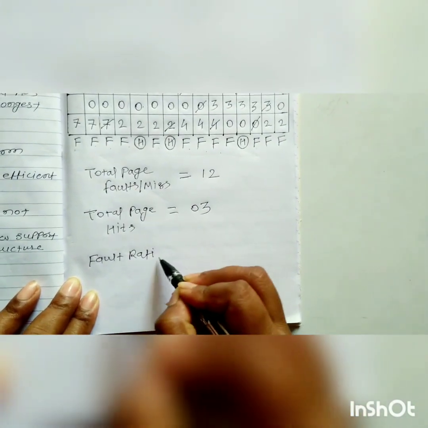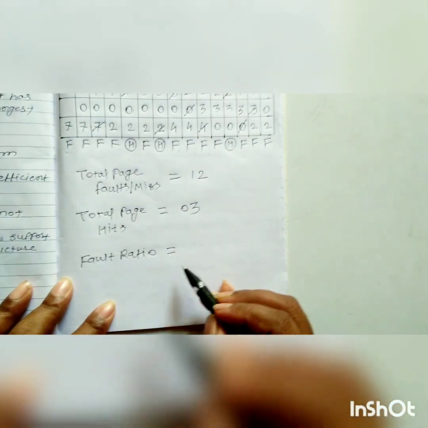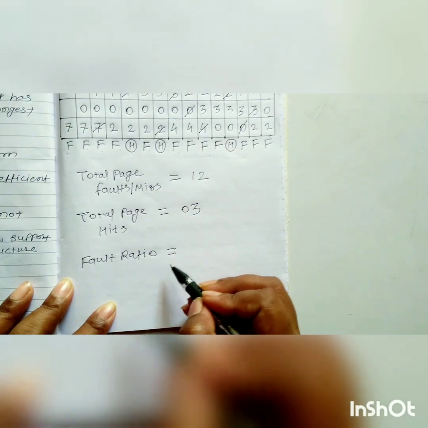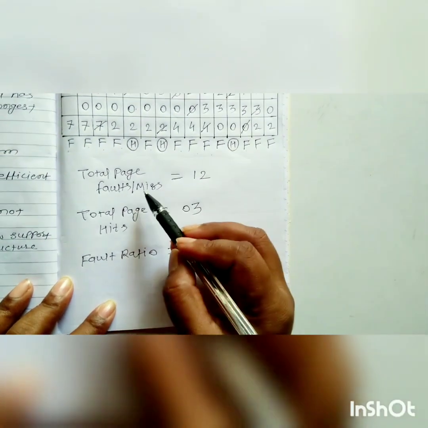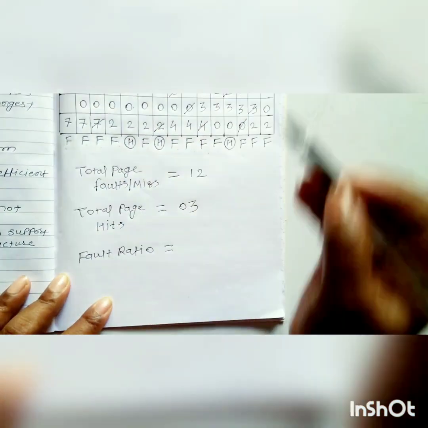Once you get the page faults and page hits, you have to find out the fault ratio and the hit ratio. So what is the formula for fault ratio? Fault ratio can be calculated by using the formula total page faults divided by the number of strings.